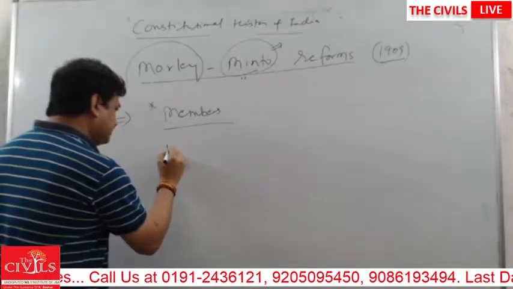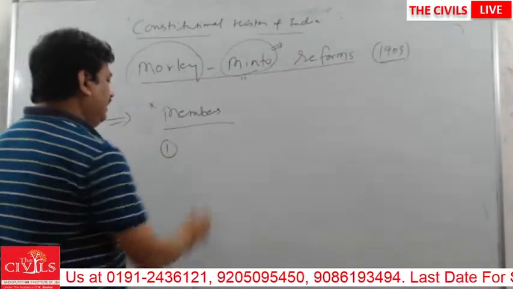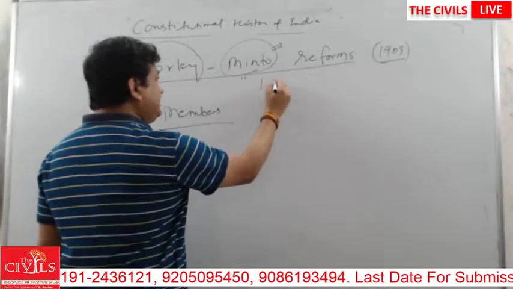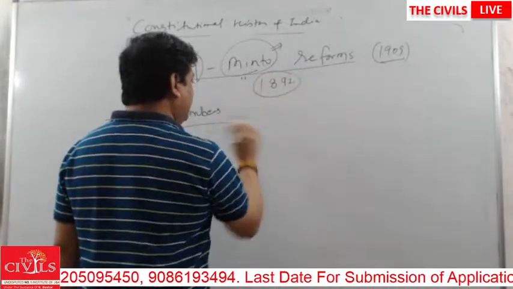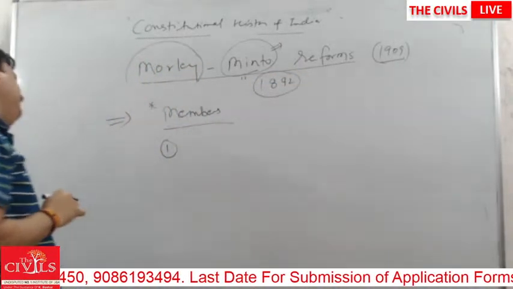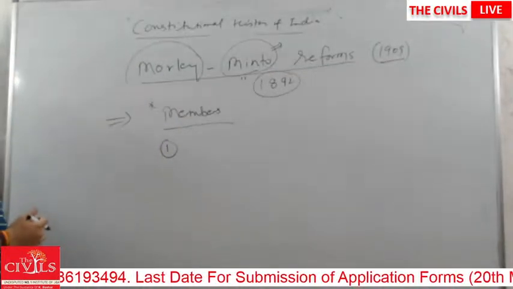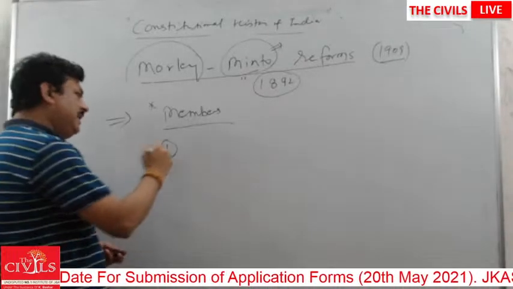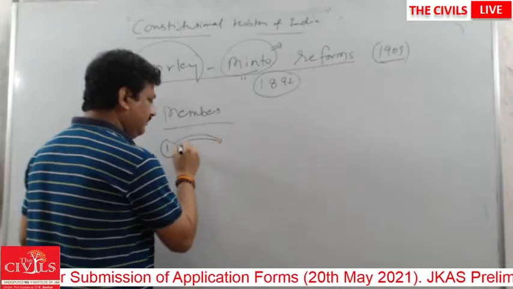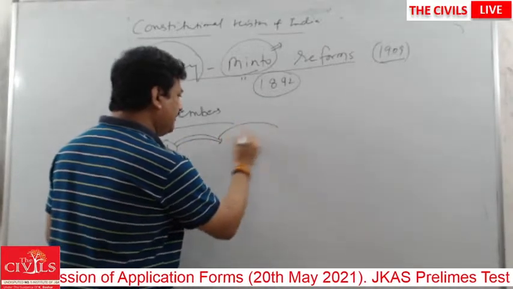By the 1892 Act, the members of the Central Legislative Assembly got the right to discuss the budget, but they were not empowered to move resolutions.